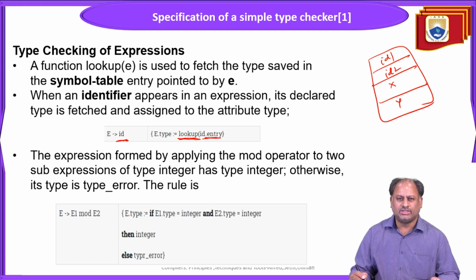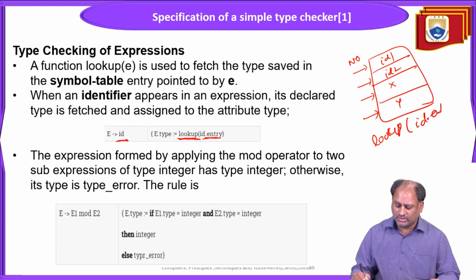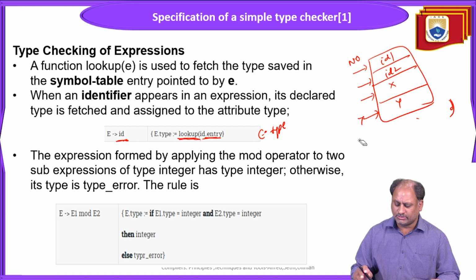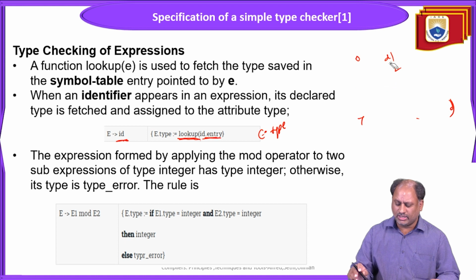Each entry is represented with a number, so that number is id.entry. The lookup function with id.entry verifies whether this matches that identifier entry and what type it is, by using E.type. If it matches exactly, it returns the type, else it returns error.